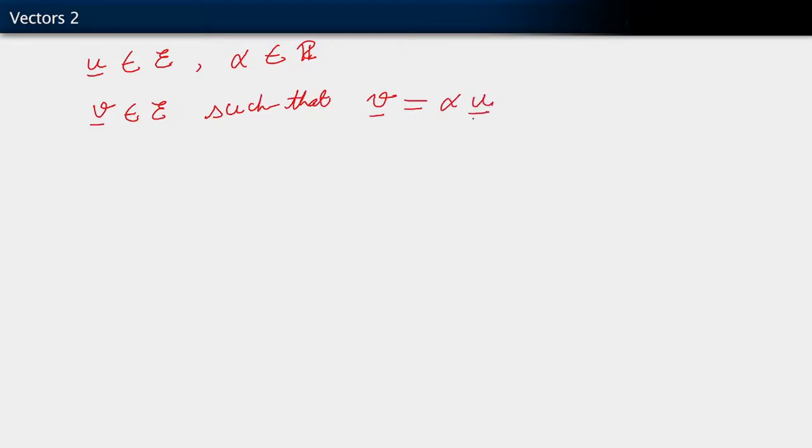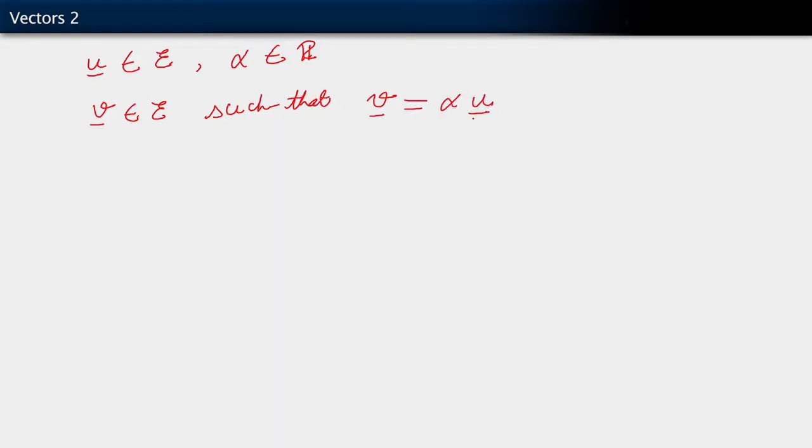If we have a vector u belonging to our space E and a scalar alpha belonging to the space of real numbers, then we can define another vector v also belonging to E, because it's just another vector, such that v equals alpha times u.